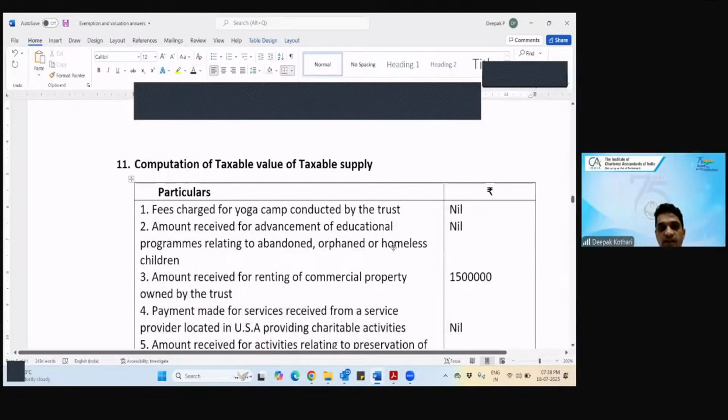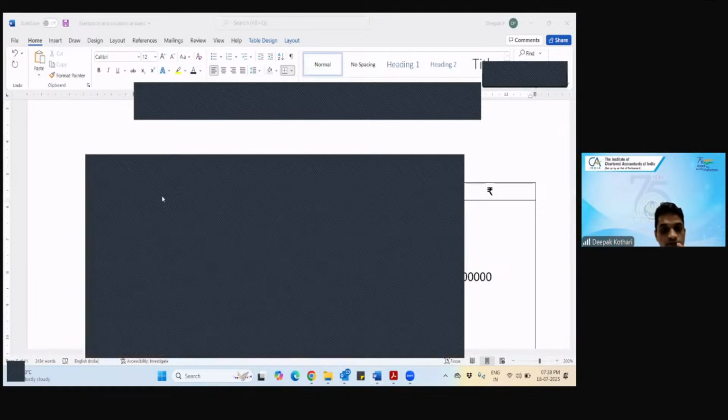Just 15 lakh is taxable. 50,000 is not taxable because old age home is exempted.